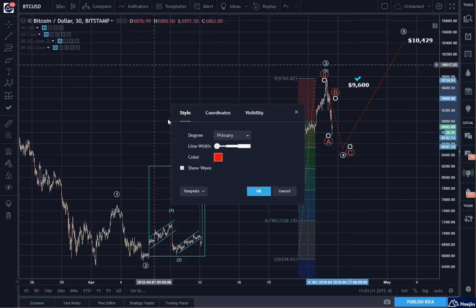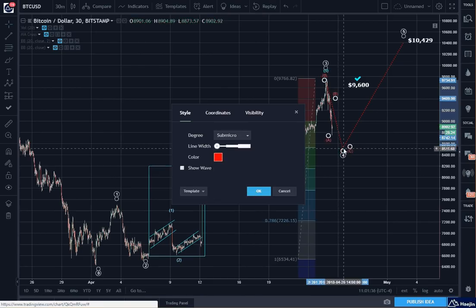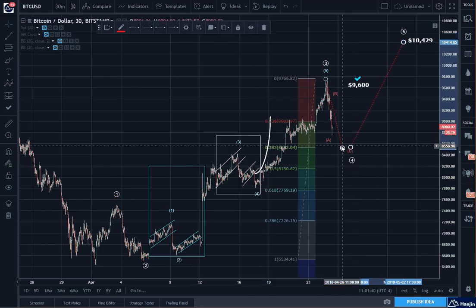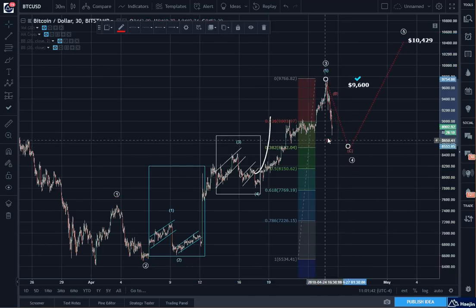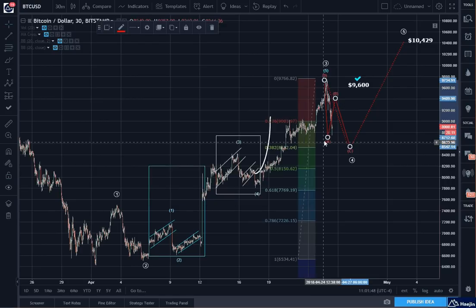We can make the ABC. Clearly, it's not a primary scale degree of trend. More resembling probably a zigzag.